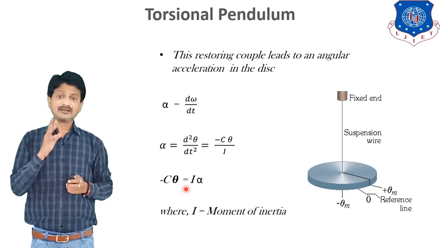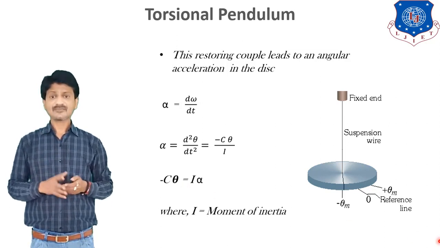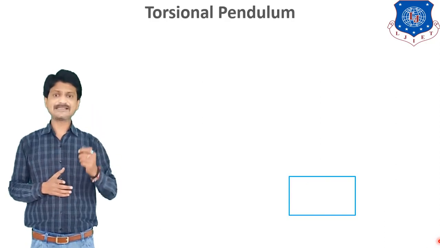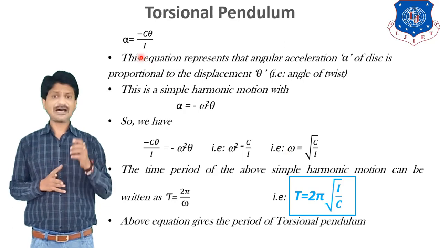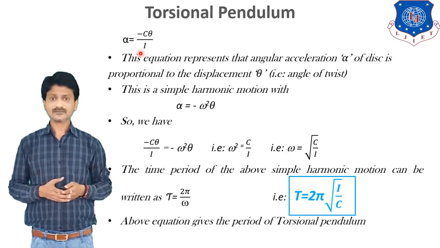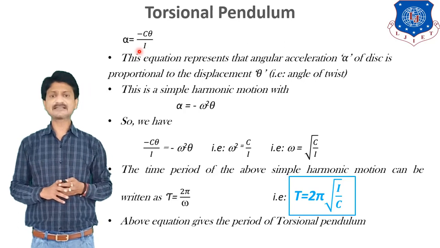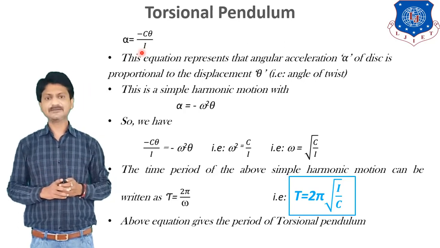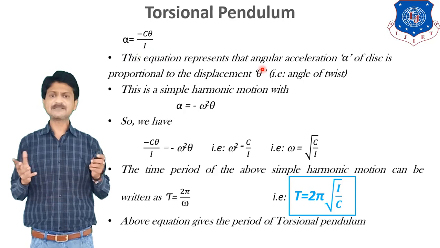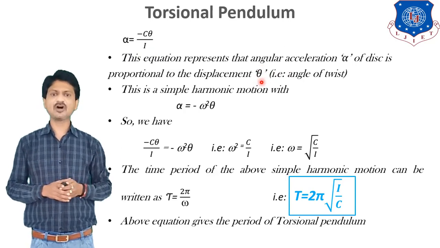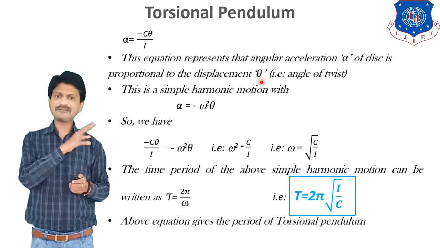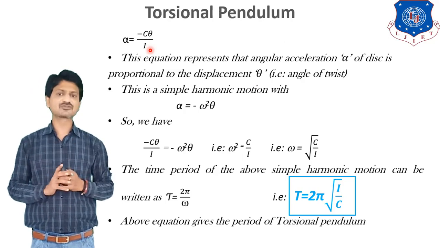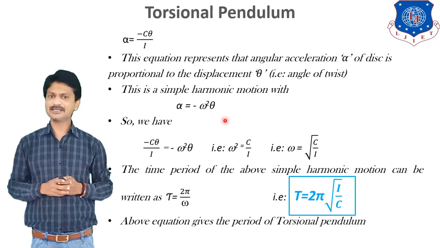So alpha equals minus C theta by I. This equation represents that the angular acceleration of the disc is proportional to the displacement, or the angle of twist, theta. So we have one equation of alpha, that is alpha equals minus C theta by I.